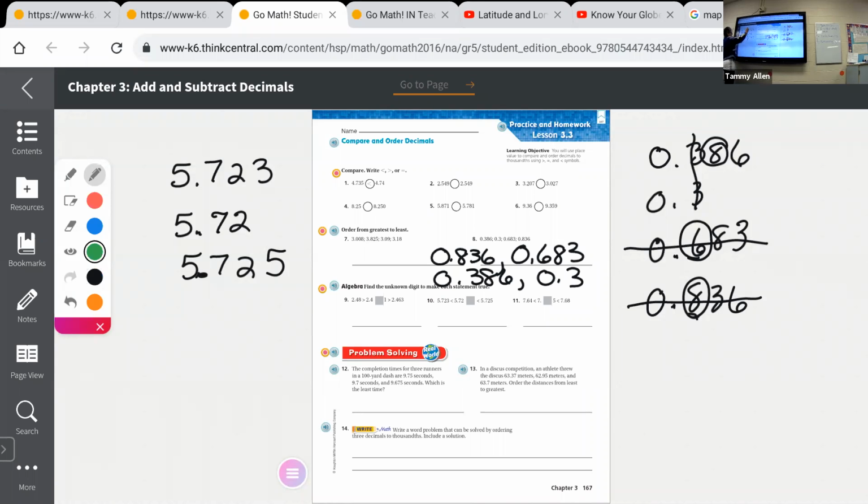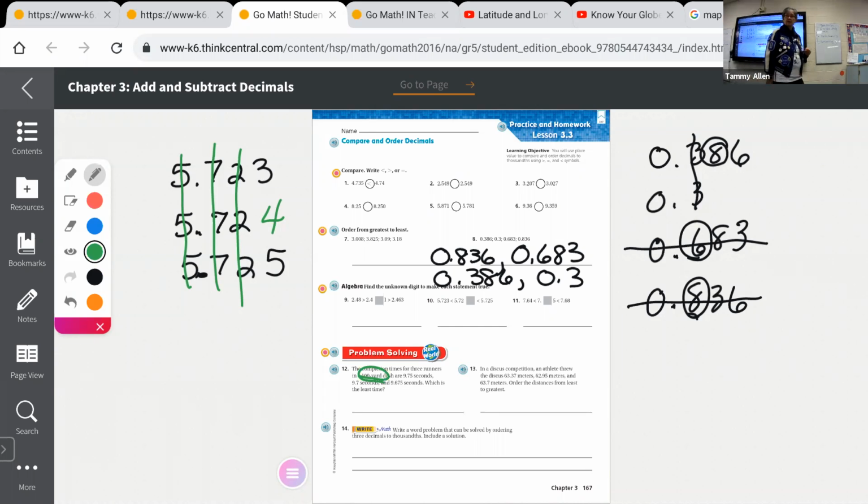Our 1s are the same, our 10ths are the same, our 100ths are the same, so we're just looking at our thousandths. What digit would have to go in there to make that true? Lane? 4. A 4. Could anything else work? No. All right.